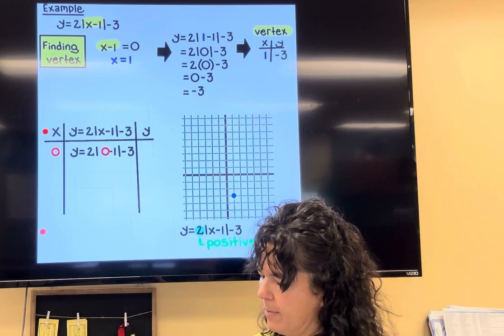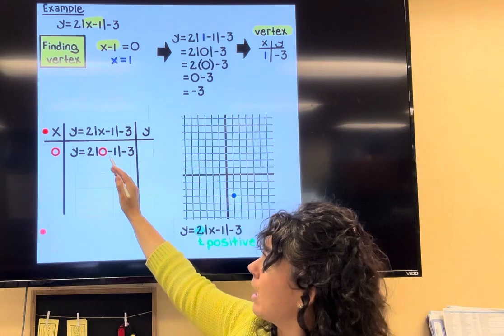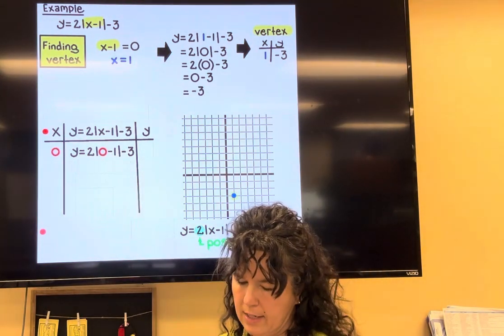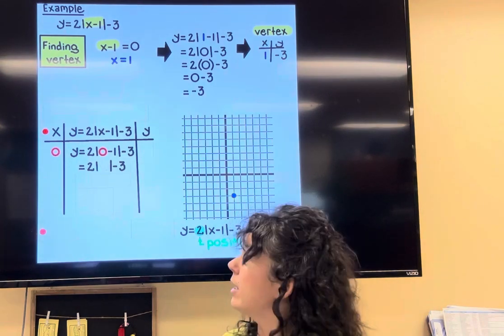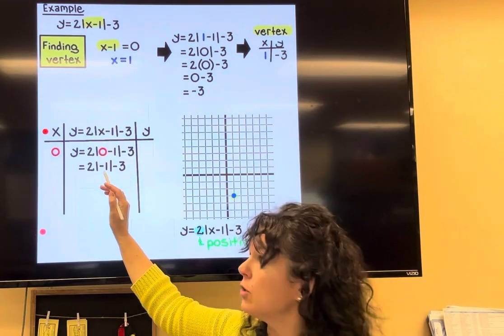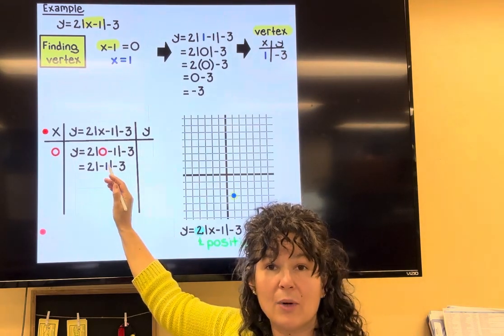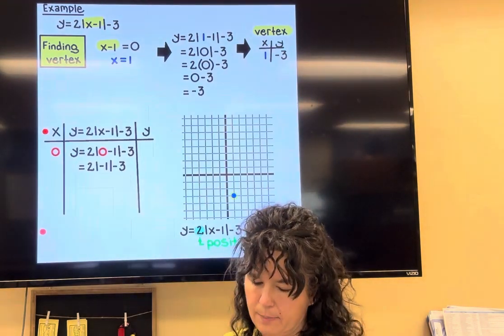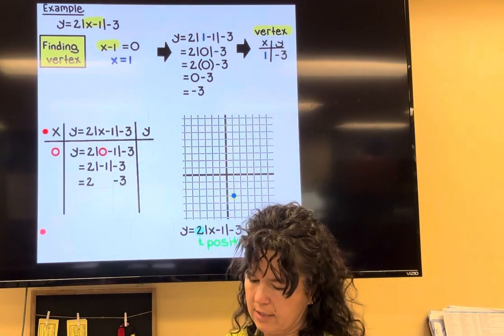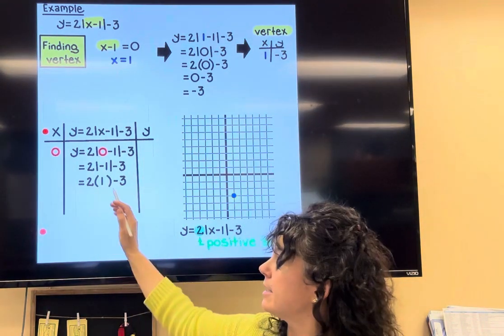Now I want to do what's inside the absolute value. 0 minus 1 is going to become negative 1. Next, I want to evaluate the absolute value, and the absolute value of negative 1 is positive 1. So this absolute value of negative 1 is turning into a 1 in parentheses.